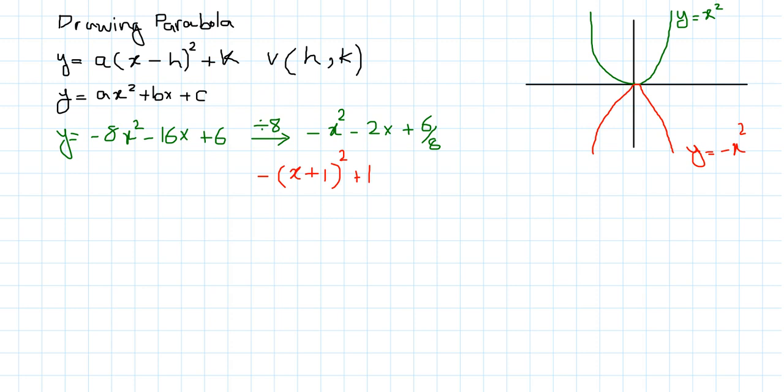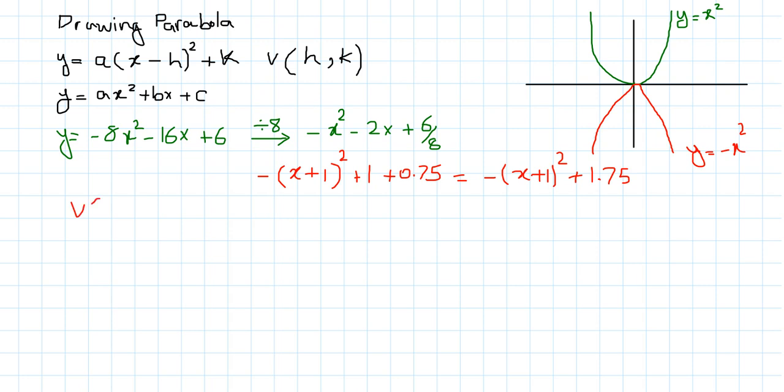So plus 1, to get rid of this minus 1, plus 0.75 or 6 over 8, no difference. So my equation will be minus x plus 1 squared plus 1.75.